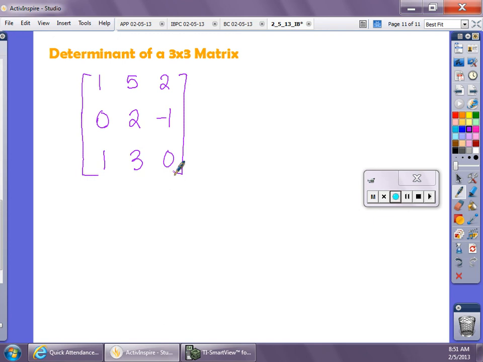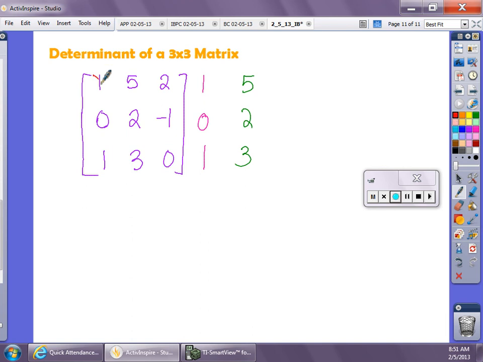So there are two different ways to do a determinant of a 3 by 3. I am only going to show you one way because I think it's easier. You take the first two columns and repeat them. There's column 1 and there's column 2. Repeat those two. So that's step 1. Repeat the first two columns. And then you will physically add going forward.